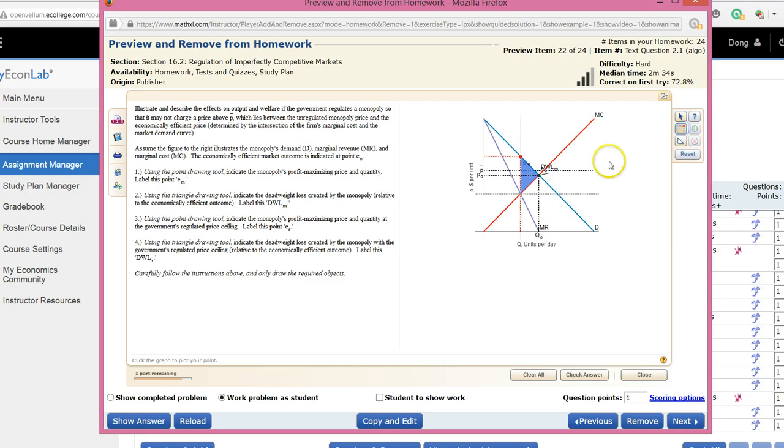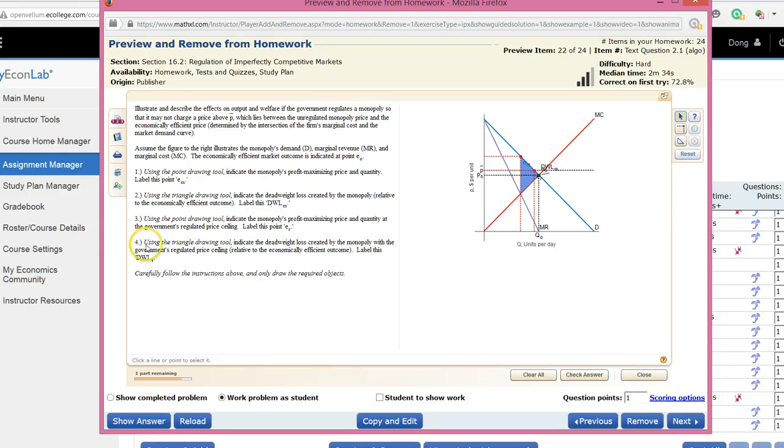So the new equilibrium point is here, with the price P bar and the corresponding output on the demand curve. That's my ER, the new regulated equilibrium point.